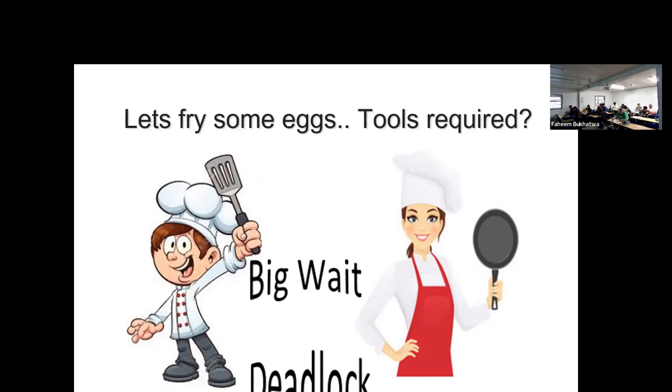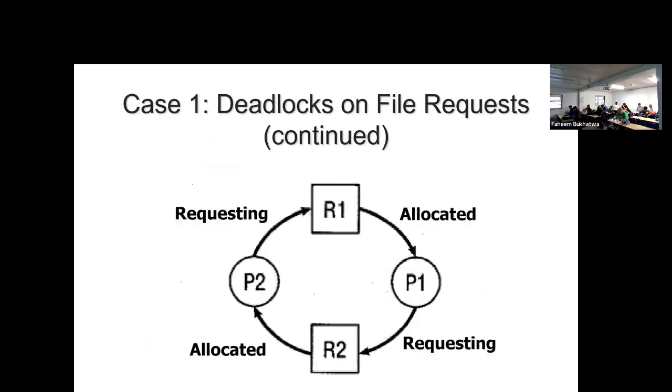If our system is non-preemptive, that means we cannot take away a tool from you and give it to someone else, then we're going to have a deadlock. So some systems can have a deadlock, but there are conditions. If they are all present, then we will definitely have a deadlock. And if we can remove one of those conditions, then we can save the day.